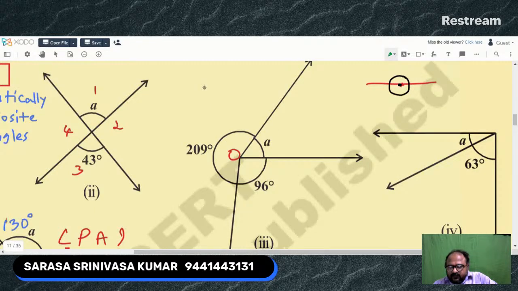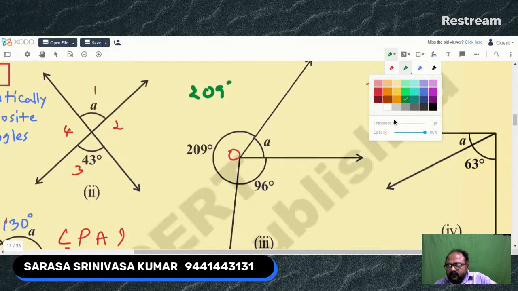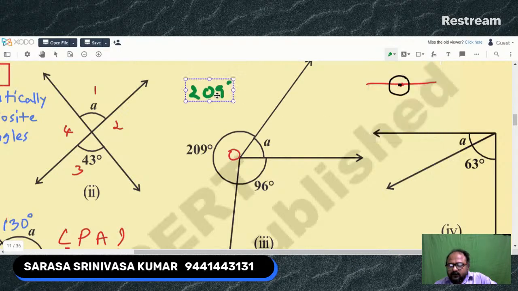So that is 209 degrees plus 96 degrees plus A. This is equal to 360 degrees.